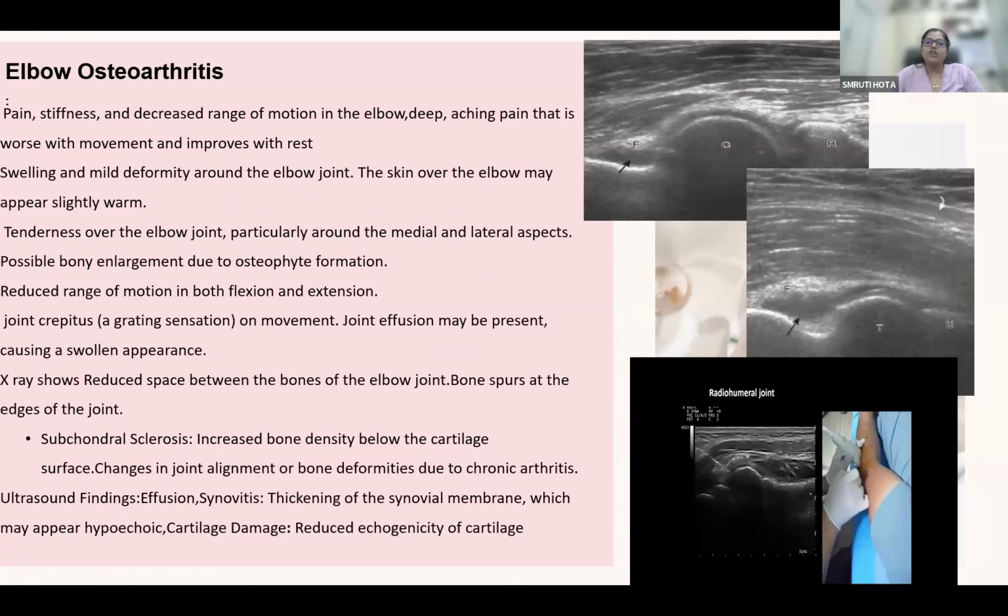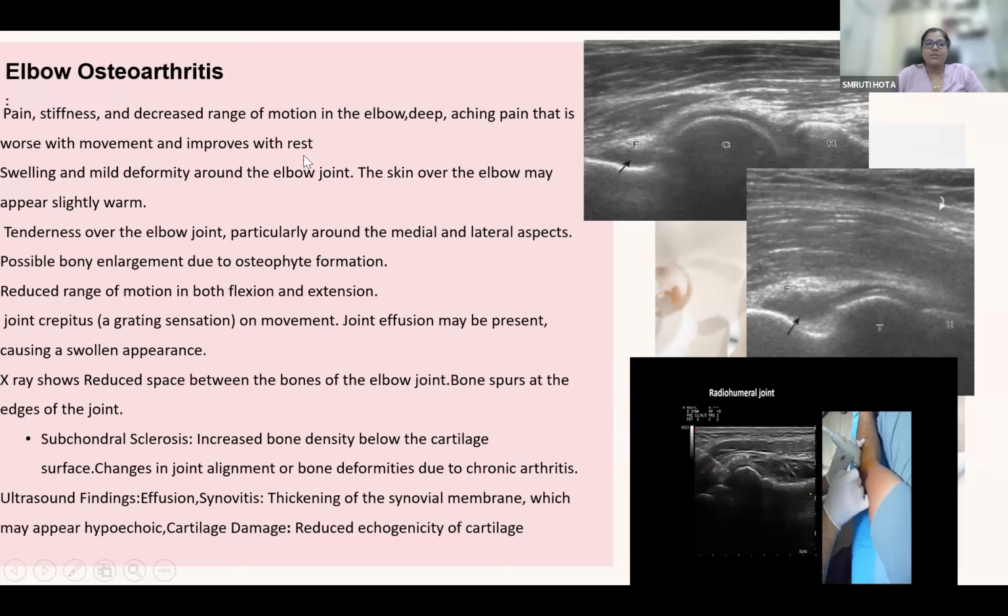Then coming to elbow arthritis, there is pain, stiffness, and decreased range of motion in the elbow. There is a deep aching pain that worsens with movement and improves with rest. But when it is an inflammatory arthropathy, then it will improve with movement and worsen with rest.